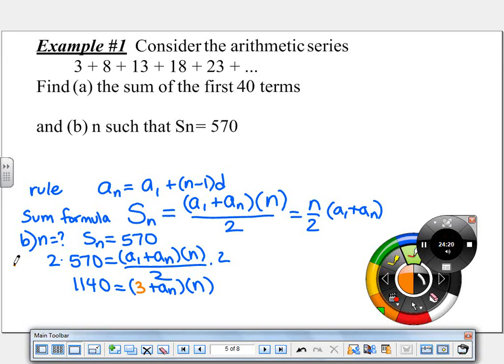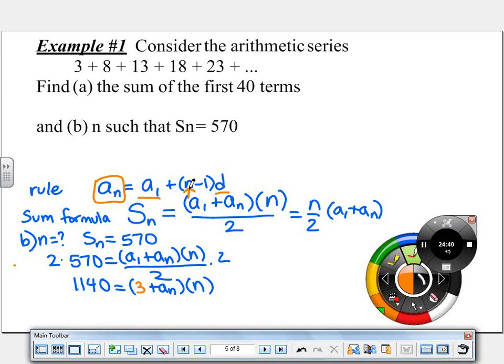And keep in mind, what are we trying to solve for? n. So I'd really like the variable to be n. Yes? Good. Good. We could use the rule again. It can substitute for an. So if I substitute the rule for an and I know a1 and d, the only variable that's going to be left in here is going to be n.